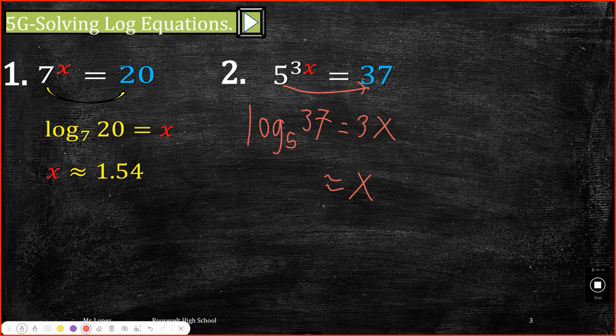What I'm gonna do is go ahead and do log 37 divided by log 5, using a calculator. Okay, get a number, then divide it by 3.